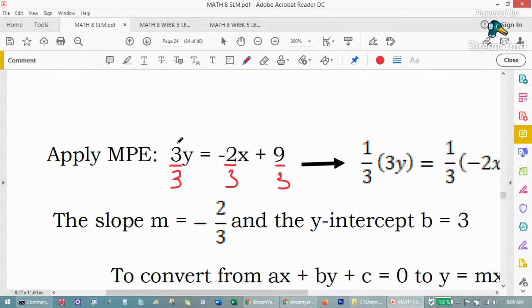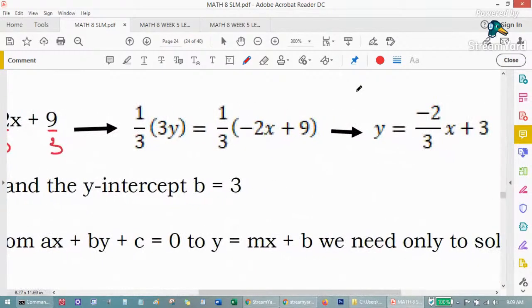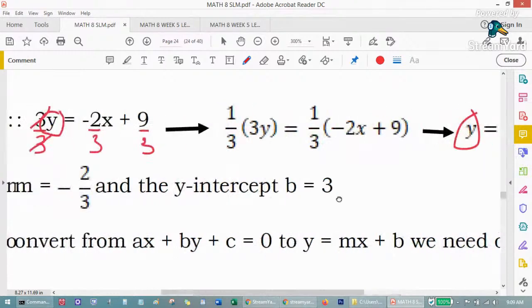Lahat ng coefficient or yung mga number, yung 3, 2, at saka yung 9, i-divide natin ng 3. So, bakit 3? Hindi 4, hindi 5, hindi 9, bakit hindi 2? Kaya 3, para mag-cancel yung dalawang 3 na yun. And pag nag-cancel yun, maiiwan is y.